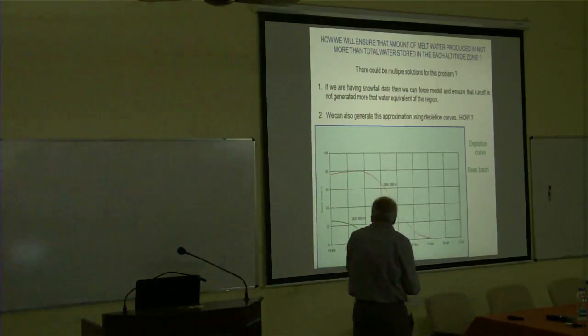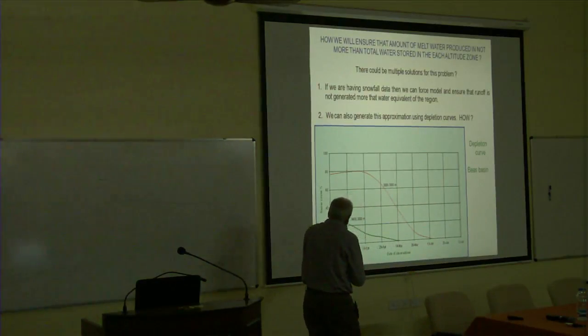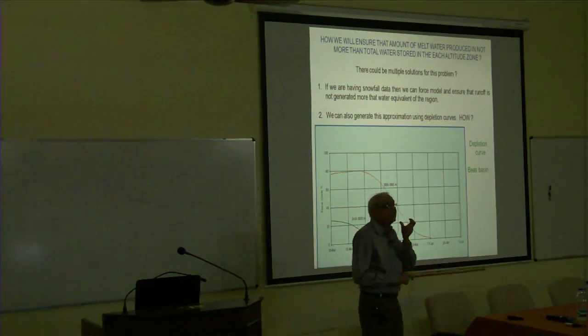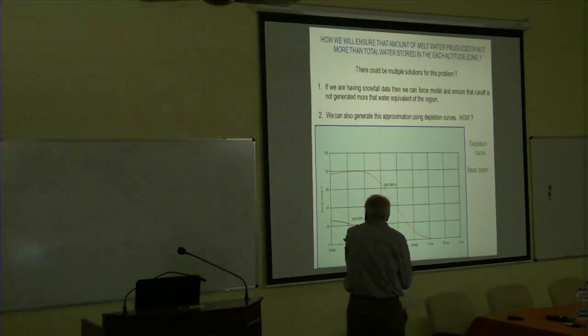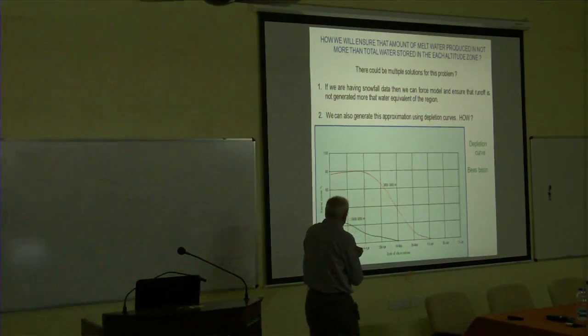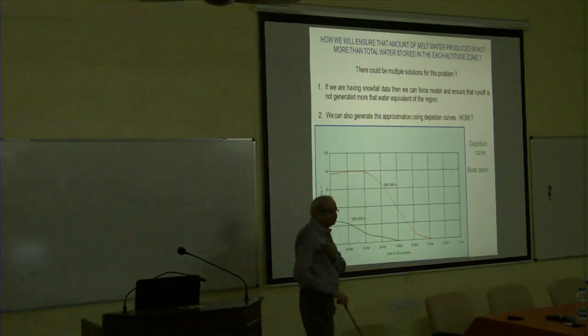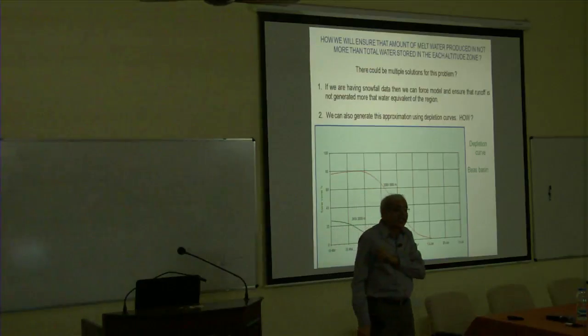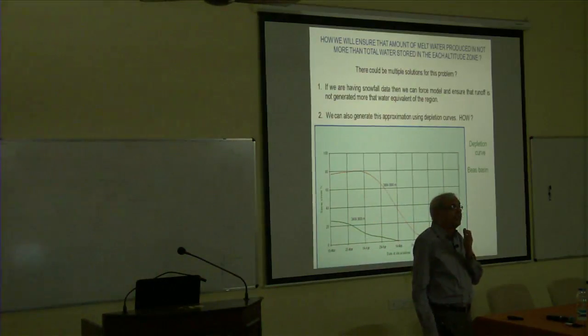That means how, as you move from here, snow cover is reduced in each altitude zone. So this is the percentage of snow cover in each altitude zone, and how it is reduced with time. You plug it into the model, and you will know.